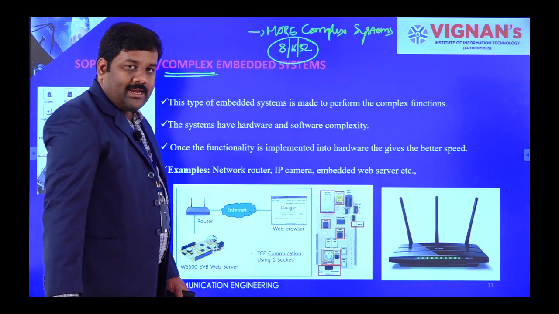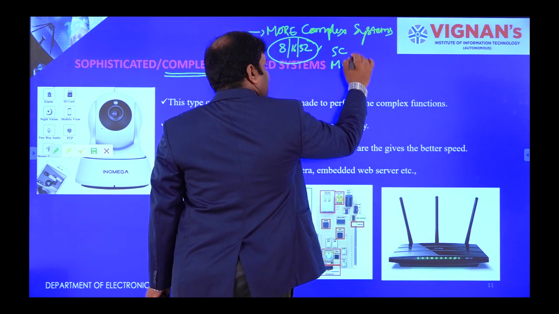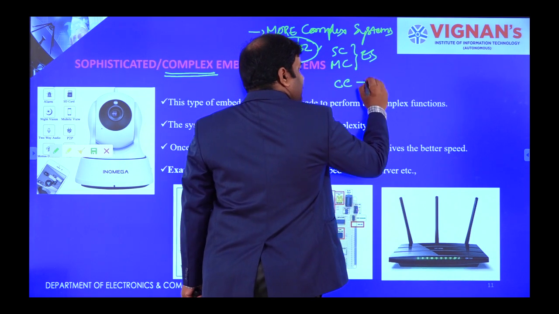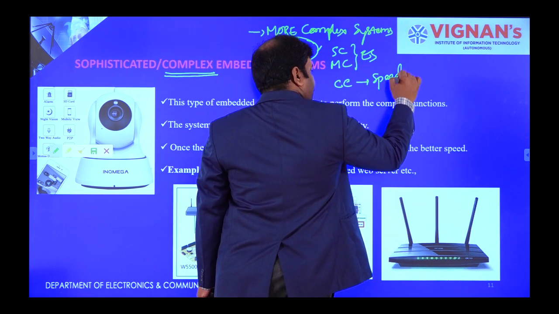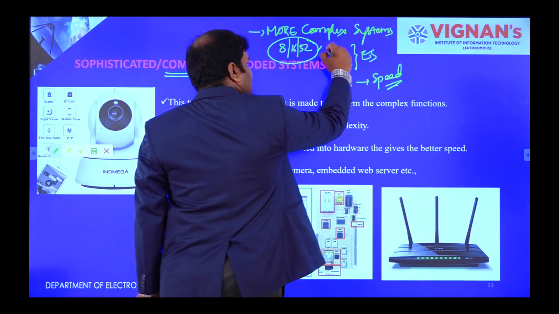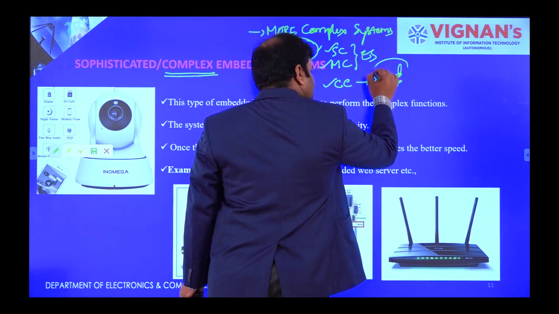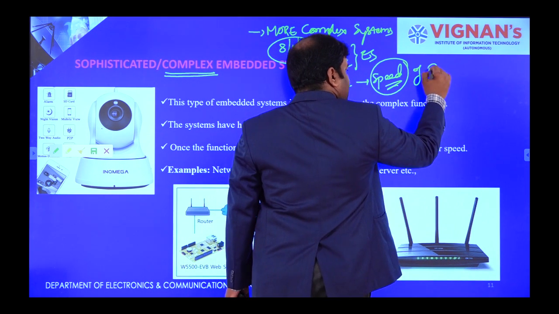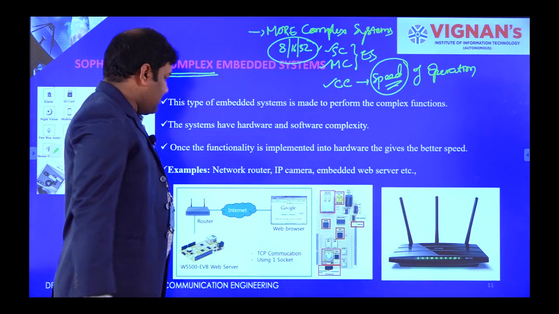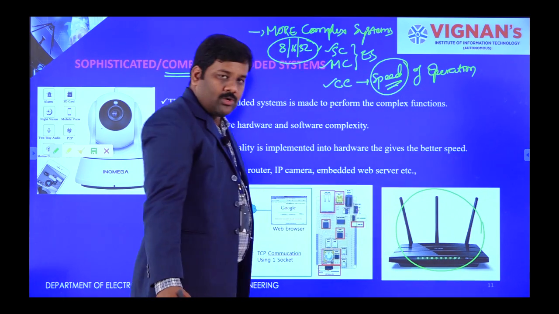We are not using 8-bit and 16-bit here. Compared with small scale and medium scale embedded systems, complex embedded systems operate at very high speed. The comparison between small scale, medium scale and complex embedded systems is only the speed of operation.